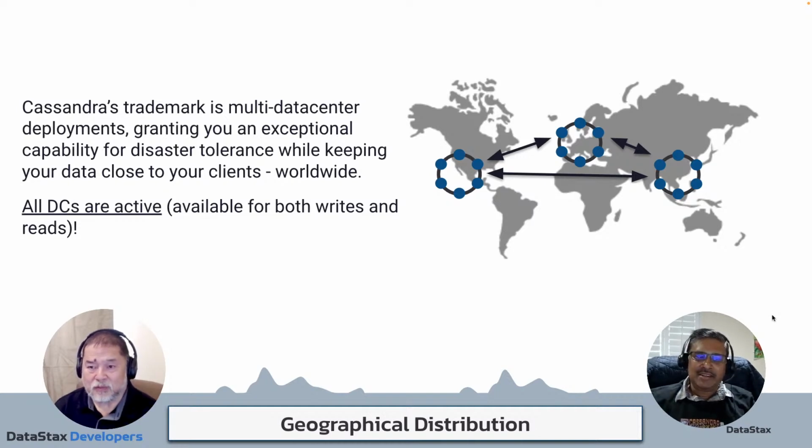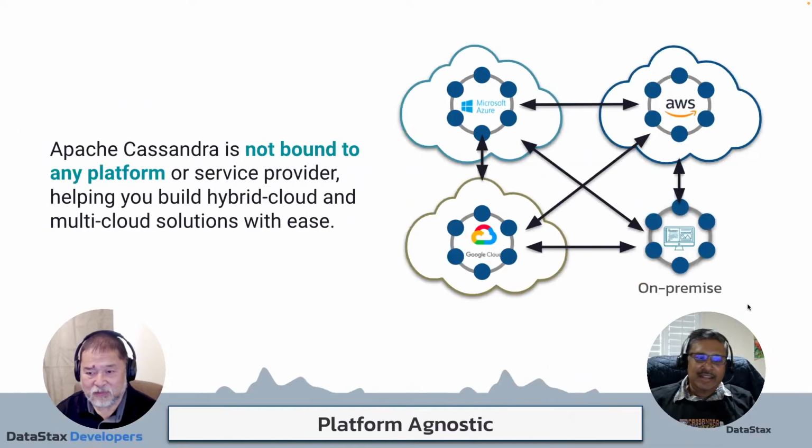And then you can have a data center in Africa to support the local region. So nodes become part of a data center, and then you can have a multi-data center setup. It's a single database across the globe, distributed geographically. So enough said, this is a database distributed across multiple data centers, and each data center can be in a different geographical location. And then in the next few slides, we'll introduce multi-cloud.